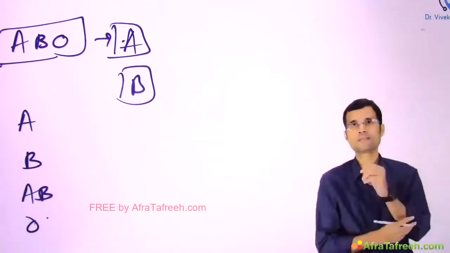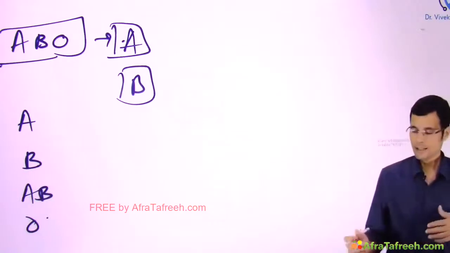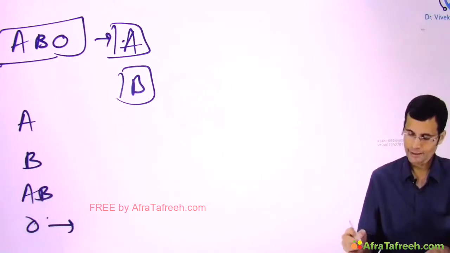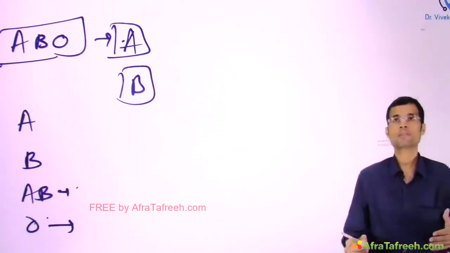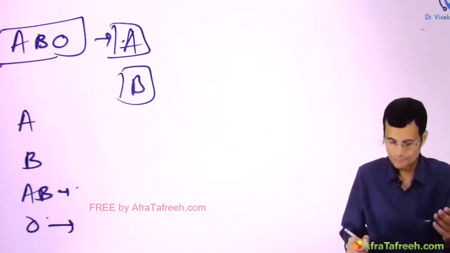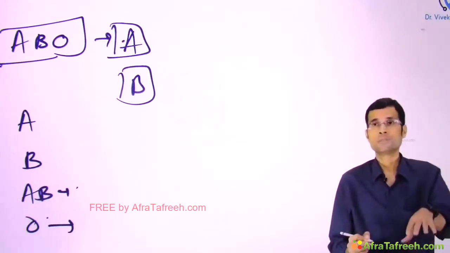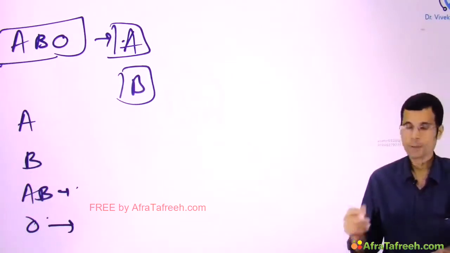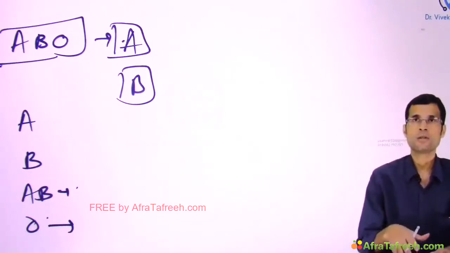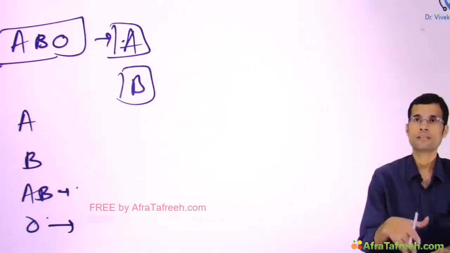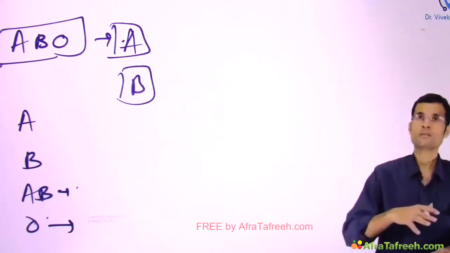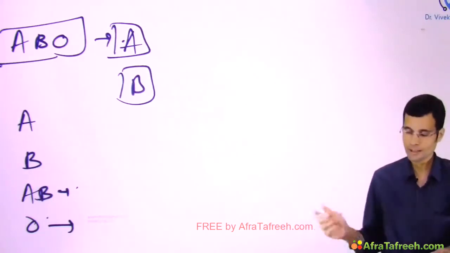Carl Landsteiner discovered these blood groups, and he called O as universal donor because O does not have any antigen, and AB as universal recipient because AB has no antibodies in the plasma. So Landsteiner's law: when a particular antigen is present on the RBCs of the individual, then the corresponding antibody will not be present in the plasma of that individual.